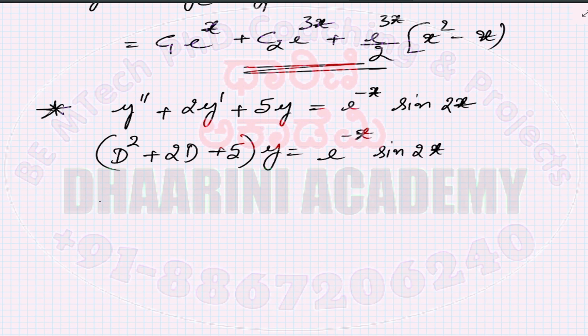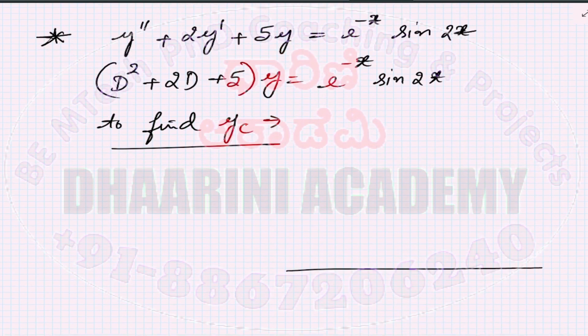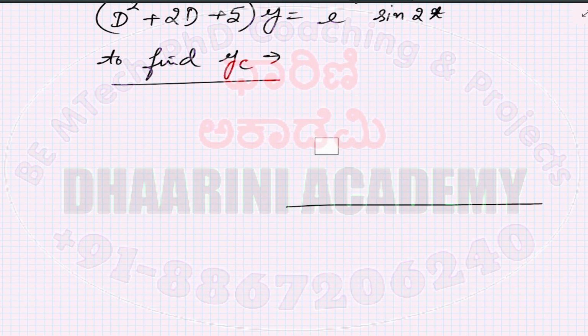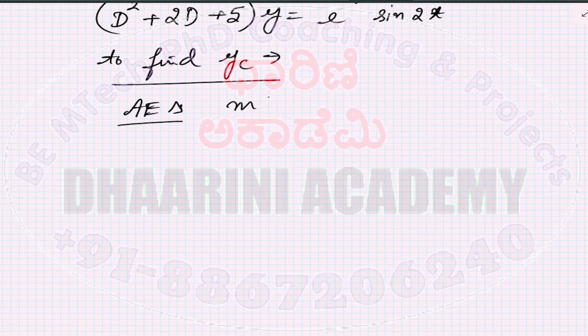So first, we want to find the yc. To find yc, our intention is to write the auxiliary equation, obtained by replacing capital D by m, that is m squared plus 2m plus 5, and equate it to 0.